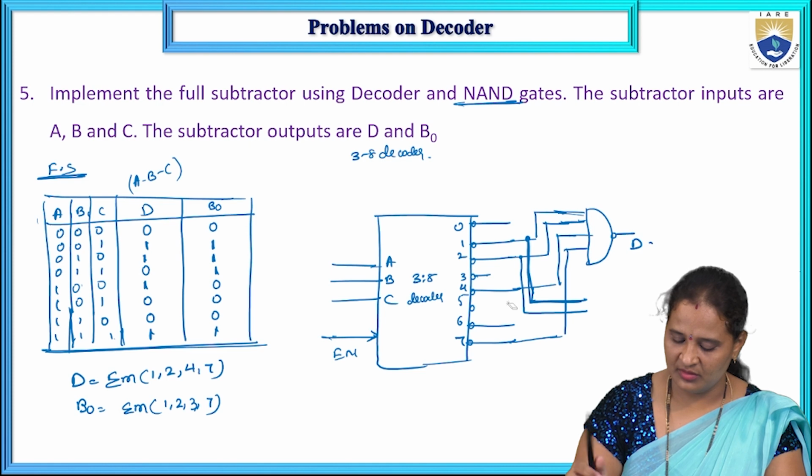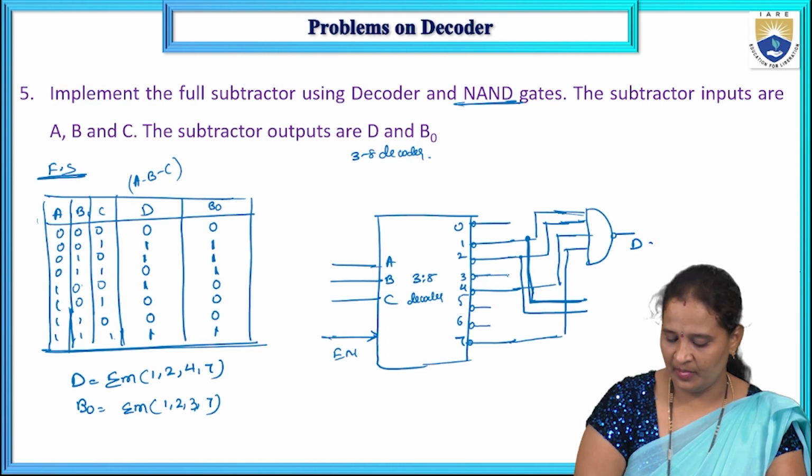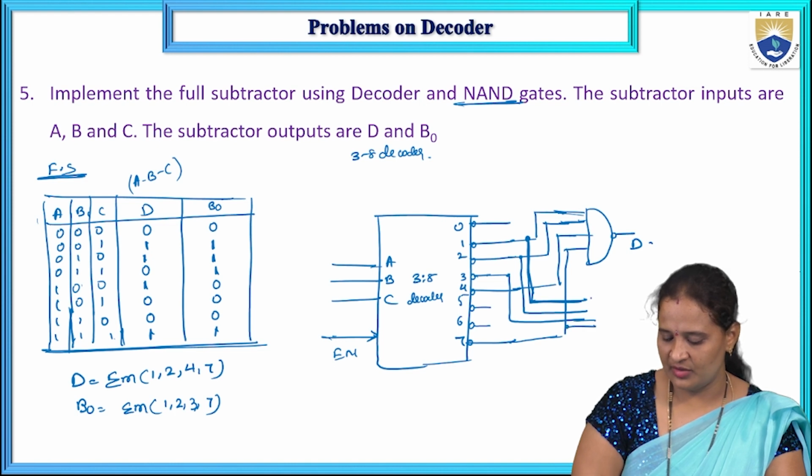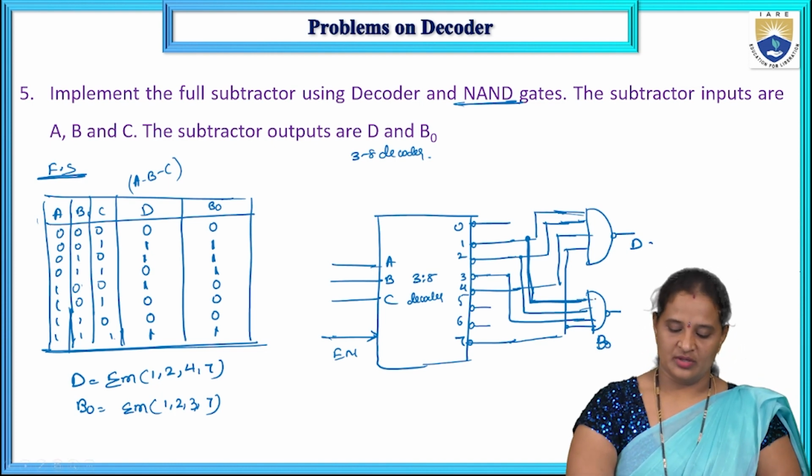And then 3 also is there. 3 and then 7. So I can give these to NAND gate and the output is B out. Okay, so this is the output.